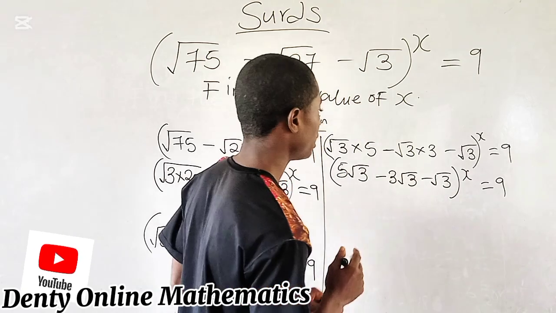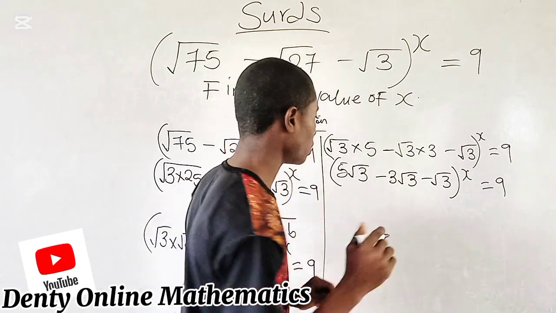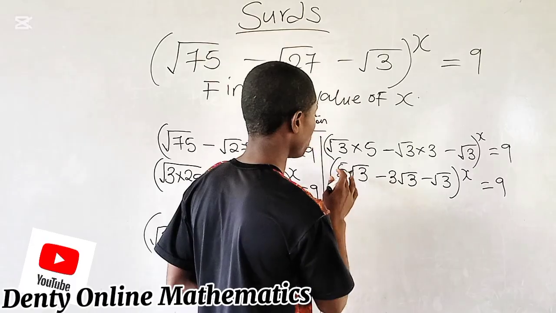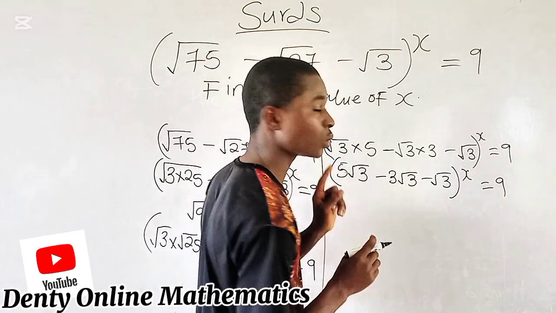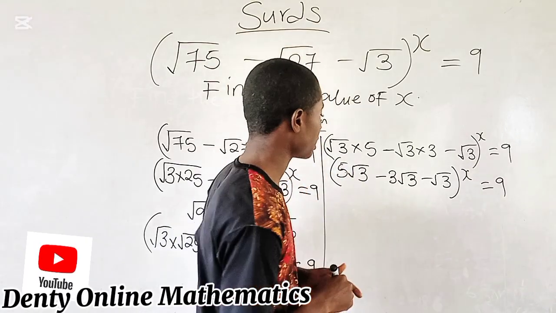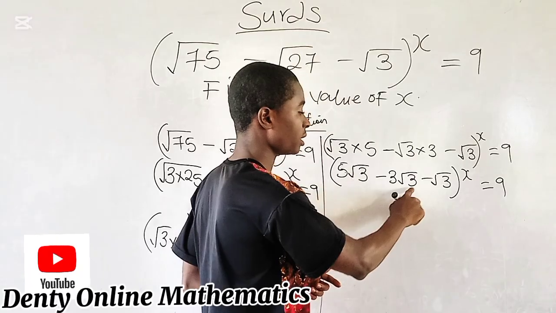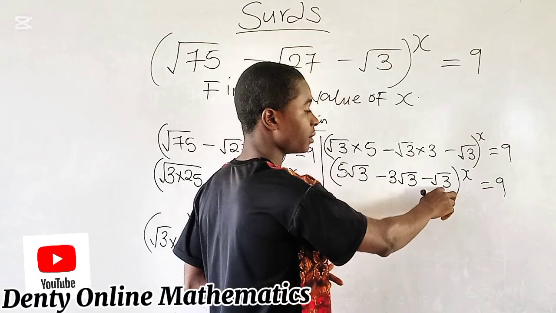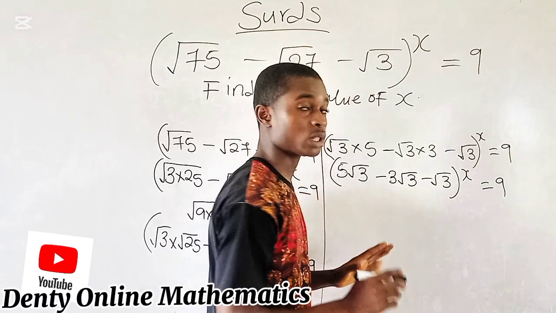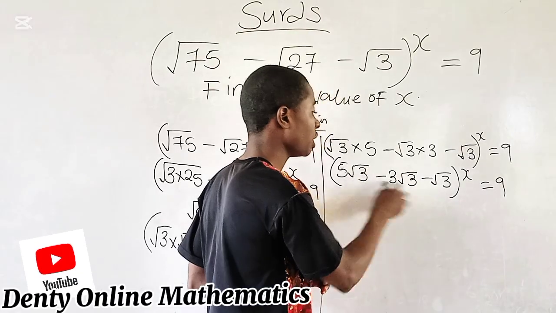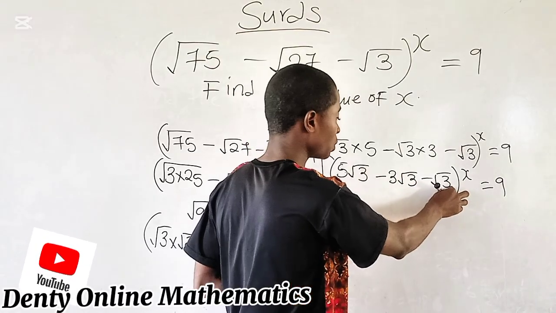As you can see. Now there's another rule of surds that says if you have a common root, meaning the square root you have here is the same as the square root you have here, and the same as the square root you also have here, that's what makes it common, because you have root 3 and root 3.